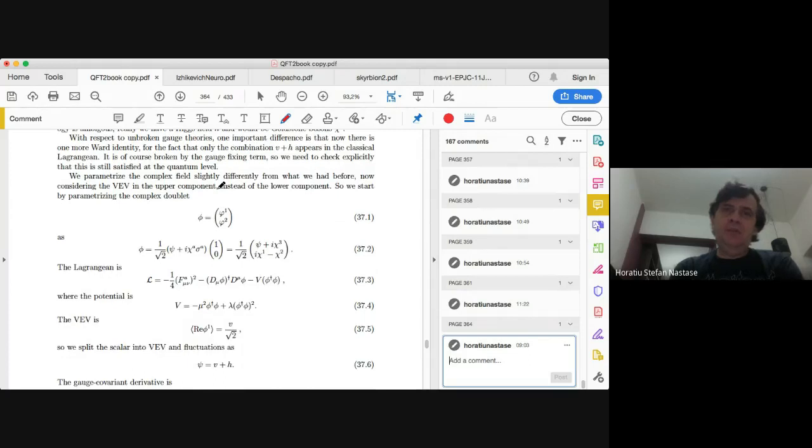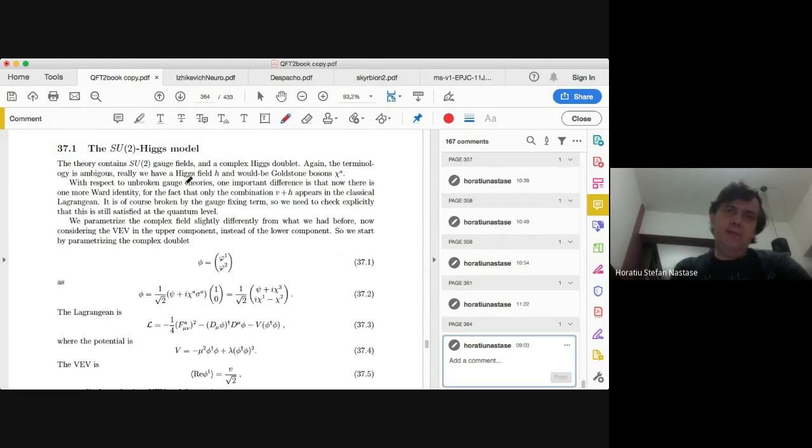One important difference with respect to the unbroken gauge theories is that we will see there's one more Ward identity, given by the fact that we've split one component of the SU(2) doublet into a VEV v and the Higgs field H, going in the same direction in group space.